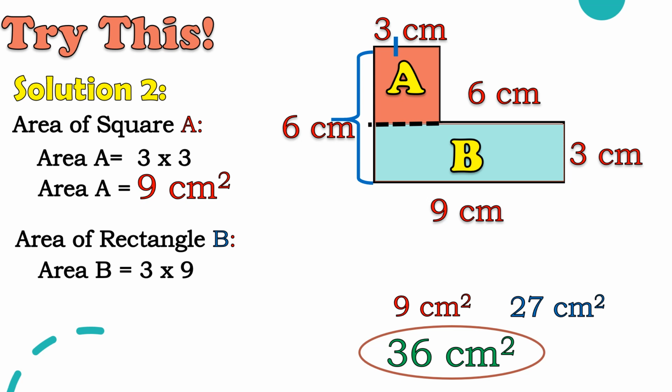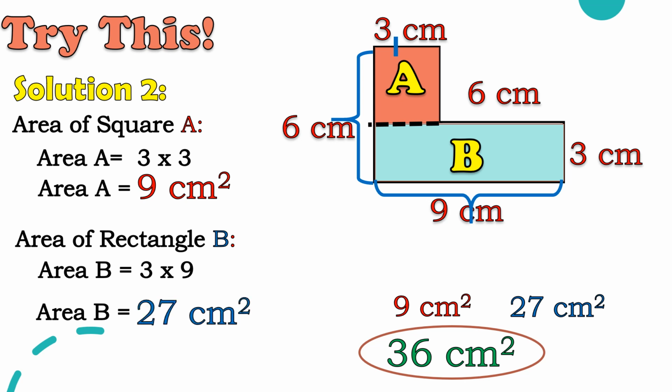So, dito sa rectangle B, na-occupied niya yung lahat ng simula dito hanggang doon sa may dulo, which is measured 9 cm, kaya ang kinuha natin ay 9. So, therefore, ang area of rectangle B is 3 times 9 is equal to 27 cm squared.